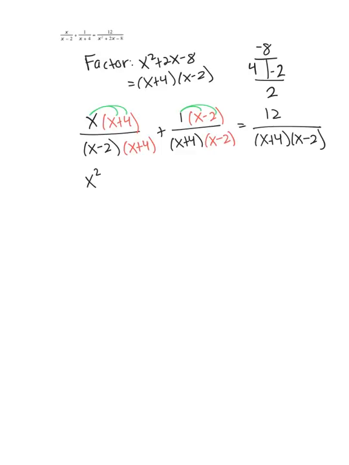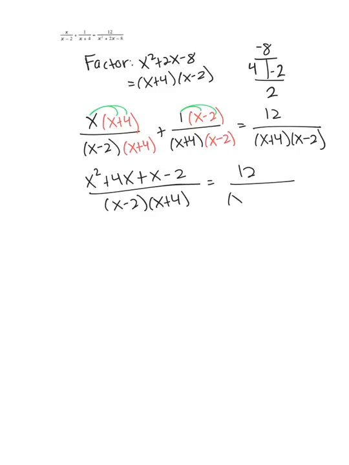So we've got x squared plus 4x. Multiplying by 1 doesn't change anything, so you get plus x minus 2. And they have the same denominator now. Since the denominators are the same, you can cancel them on both sides and combine your like terms here.